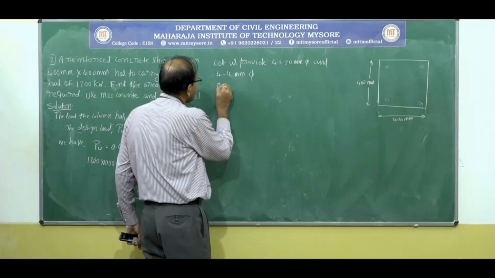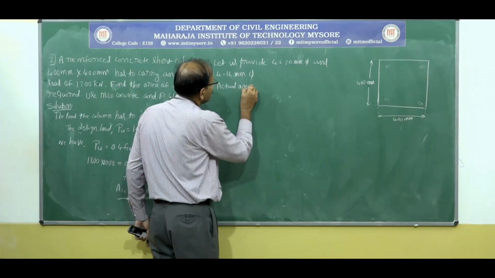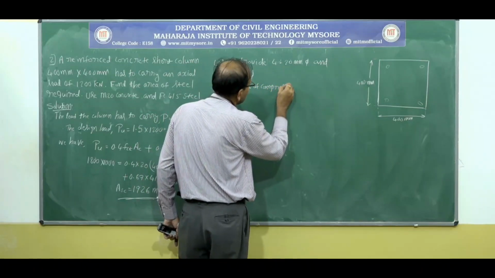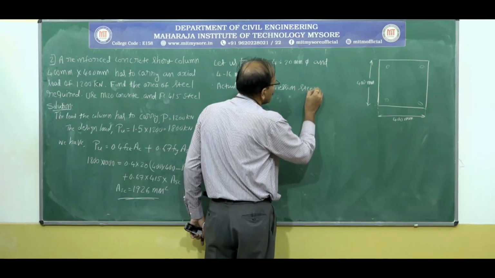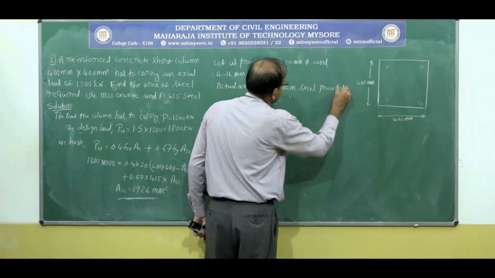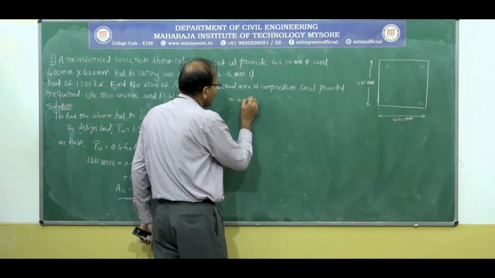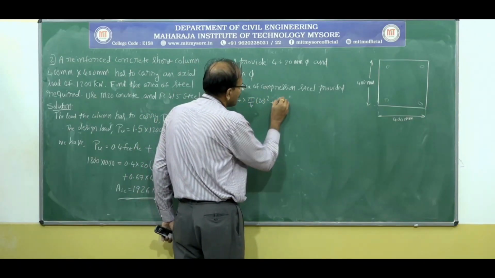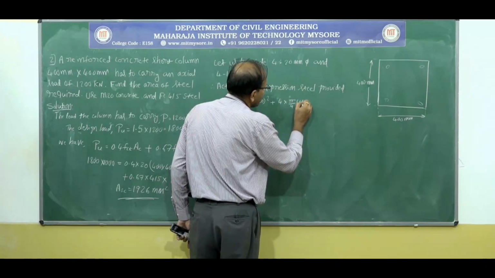Therefore, the actual area of compression steel provided is equal to 4 of 20 mm plus 4 of 16 mm.